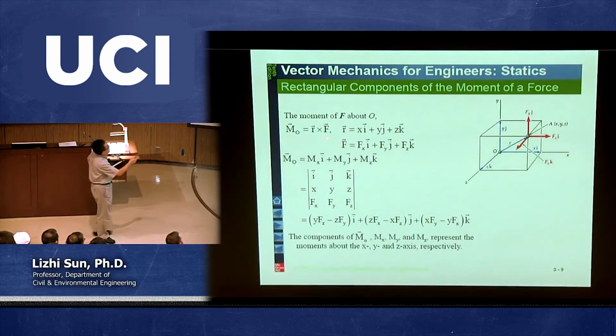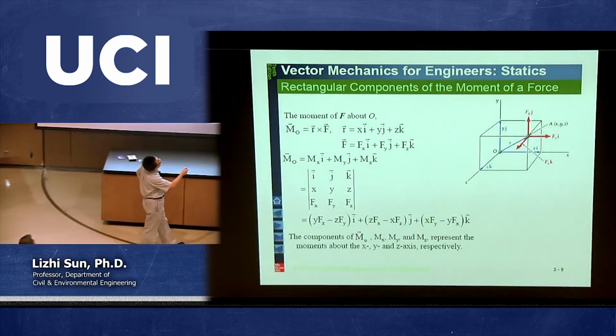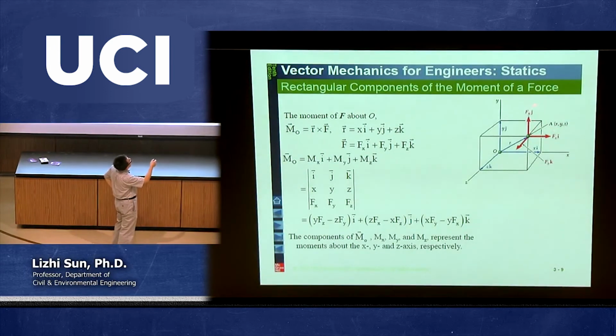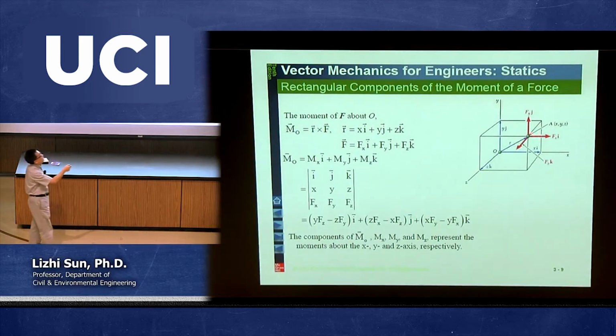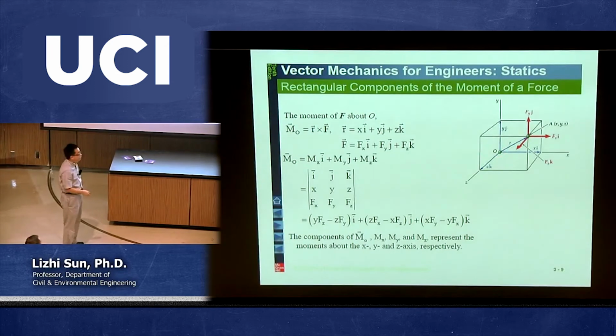If that's the case, that's the only equation you need to use to calculate the moment of a force about a certain point, right? For example, again, back to this three-dimensional setting, we have a force acting on this point A, okay? This time they didn't plot a force, instead they gave you three components, that's fine. There's a force acting on point A. What is the moment of this force about point O?